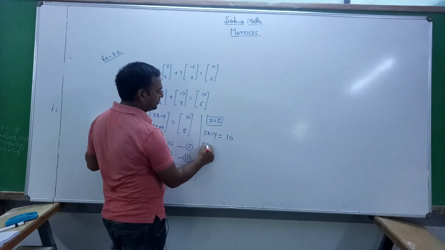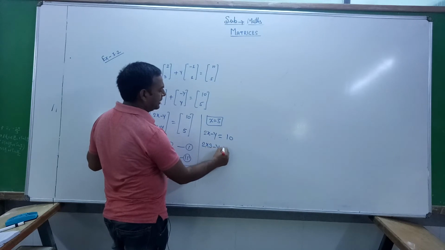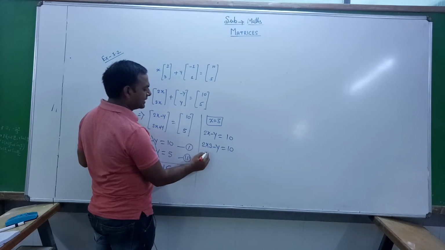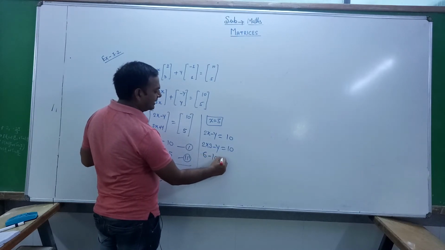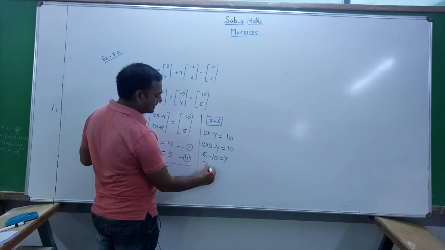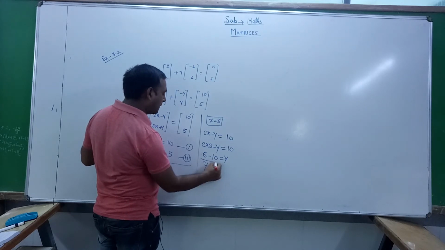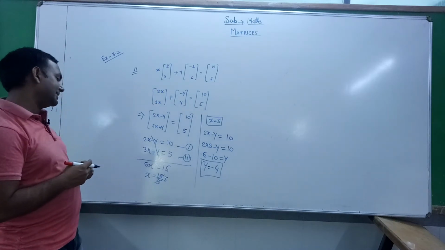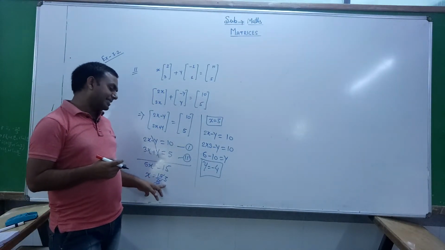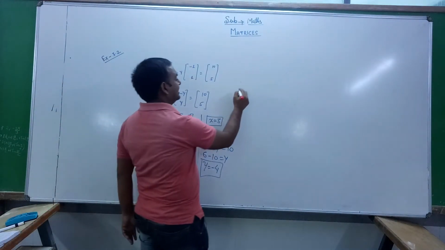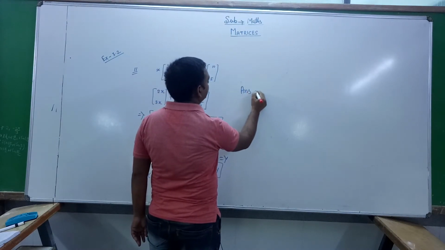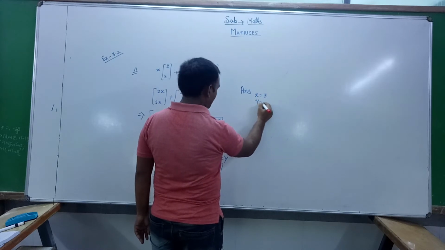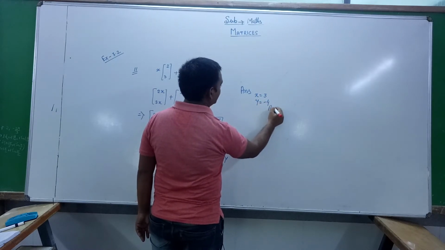So 2 into 3 minus y is equal to 10. 2 threes are 6. 6 minus 10 is equal to y, so y is equal to minus 4. The value of y is minus 4 and the value of x is 3. So the answer is x is equal to 3 and y is equal to minus 4.